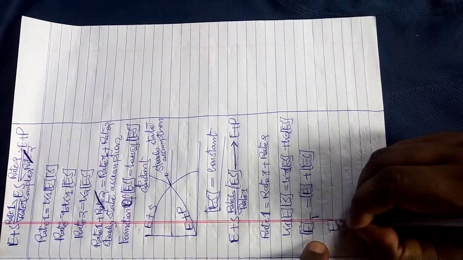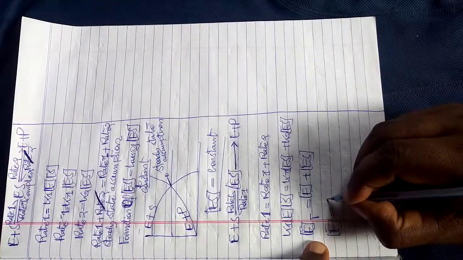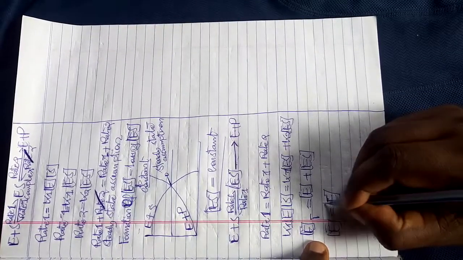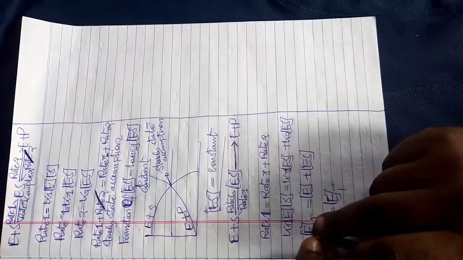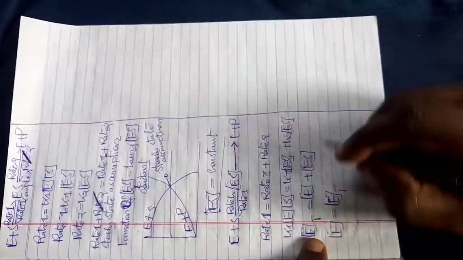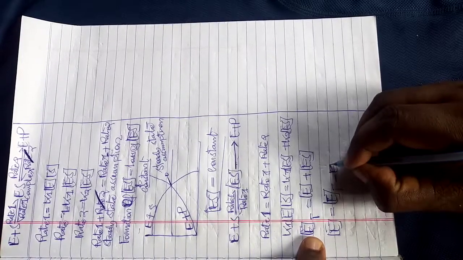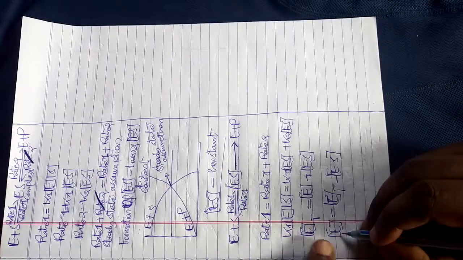So free enzyme concentration here is going to be equal to total enzyme concentration minus enzyme substrate concentration.